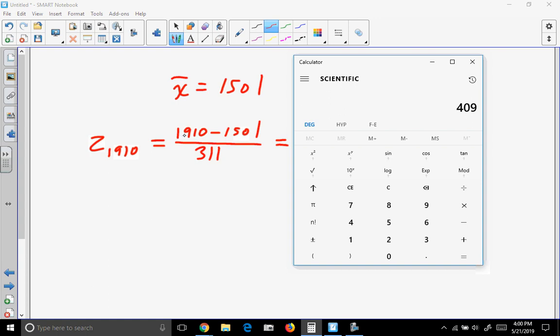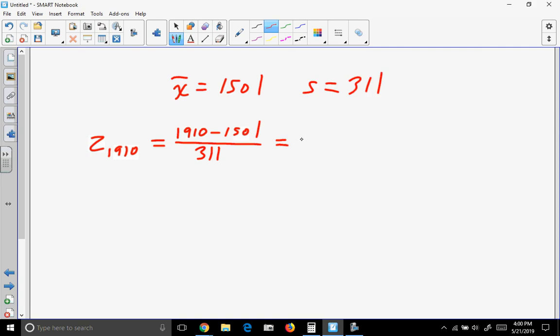So this score is 409 units from the mean. Divide that by 311. So that's 1.32 standard deviations away, to 2 decimal places. So that's farther than 1 standard deviation, but it's not quite 2 standard deviations. So that tells us how far above the mean we are.